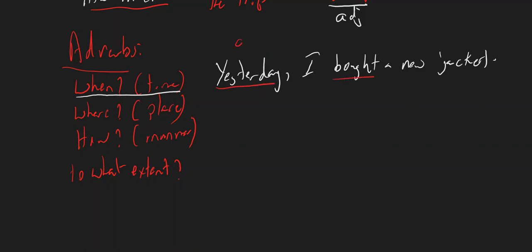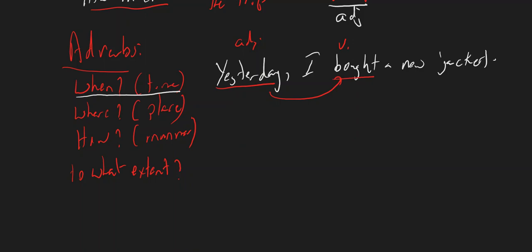That's the adverb here, modifying the verb bought. Okay. And notice that yesterday can be placed away from the word bought, as we discussed before. And you can also place yesterday at the end of the sentence. As such, I bought a new jacket yesterday. And doesn't change the meaning of the sentence at all.